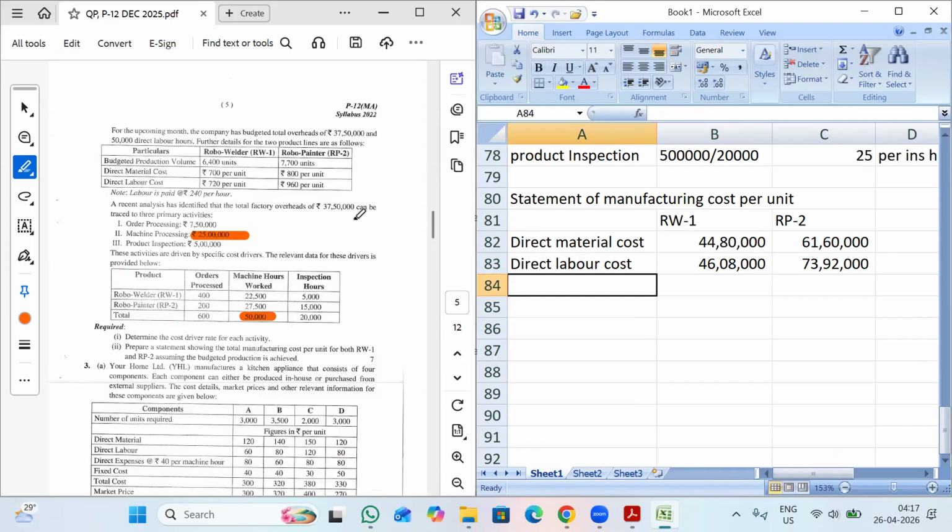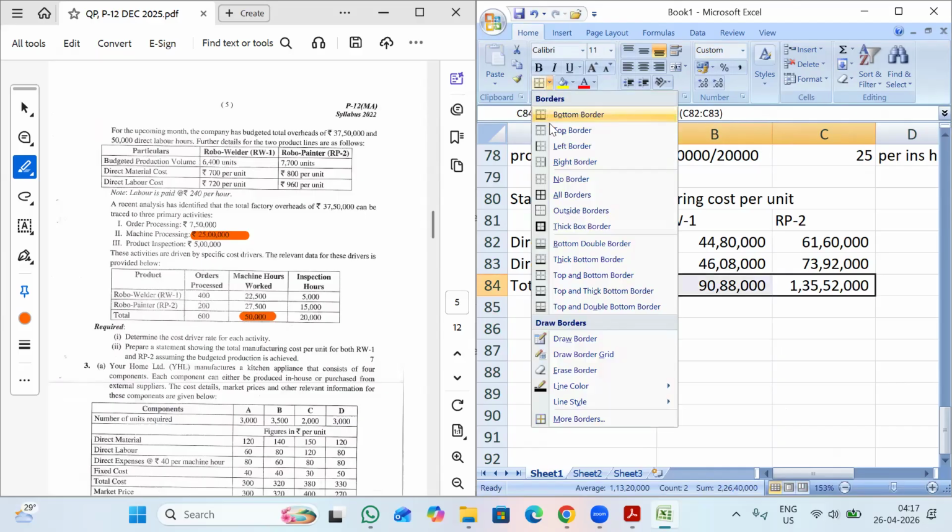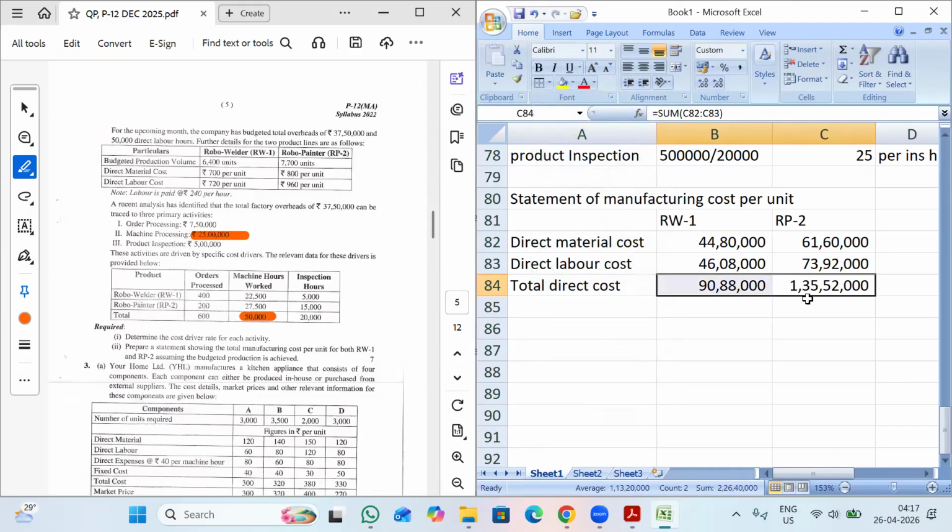So my total direct cost is 90 lakh 88,000 and 1 crore 35 lakh 52,000.